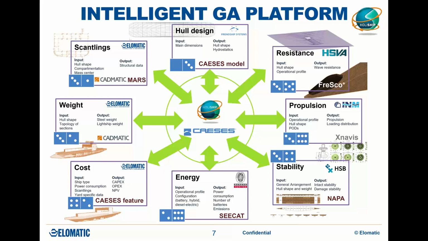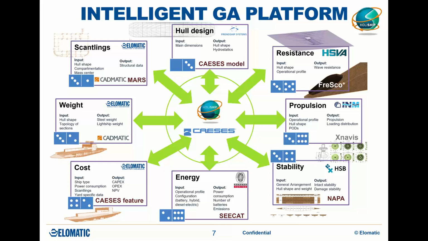And this CADMATIC model in turn is linked to structural assessment tools, like you can see here the Bureau Veritas Mars midship analysis tool. Steel and light ship weight are transferred from CADMATIC back to CAESES, which can then compute the displacement and draft of the vessel.